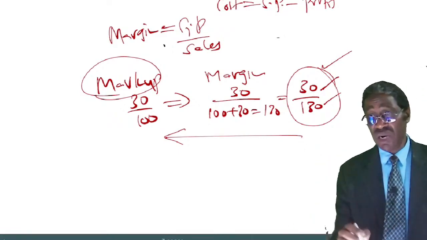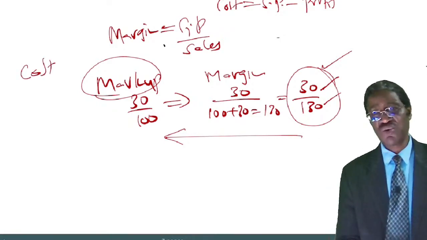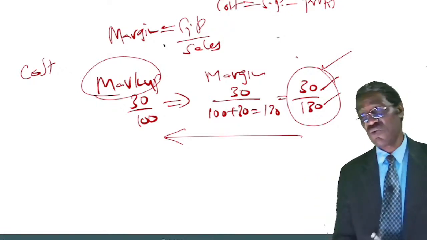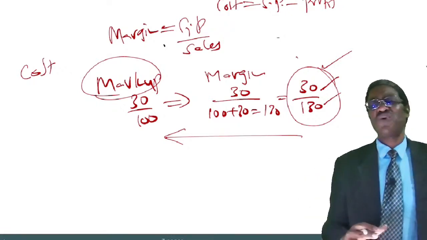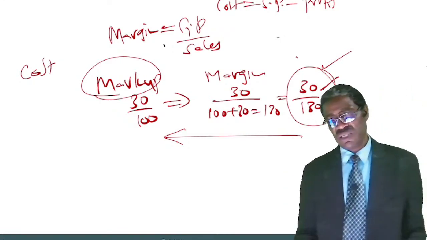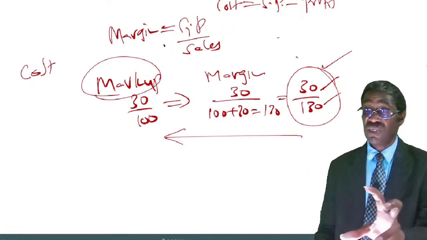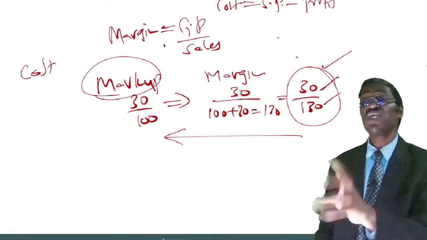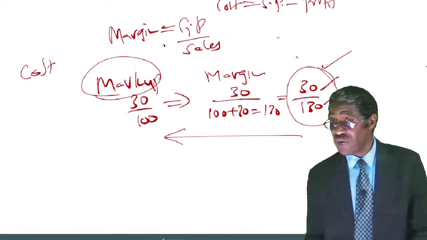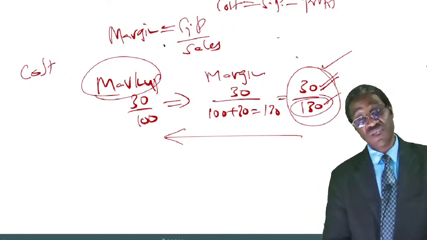When do you need markup? Maybe the question has given you the cost of the goods, and you are given the margin of the goods. You can't take margin on cost. The two don't go together. So if you know cost, you need markup. If you know selling price, you need margin. If you are given margin and you need to convert it to markup, just take the numerator and subtract it from the denominator.